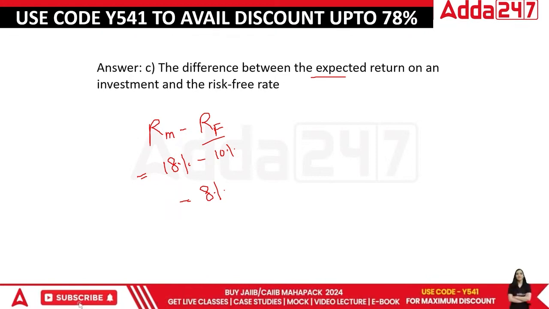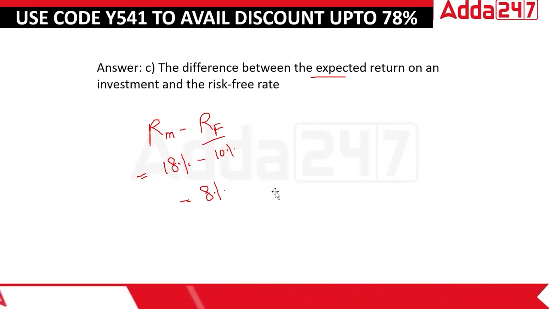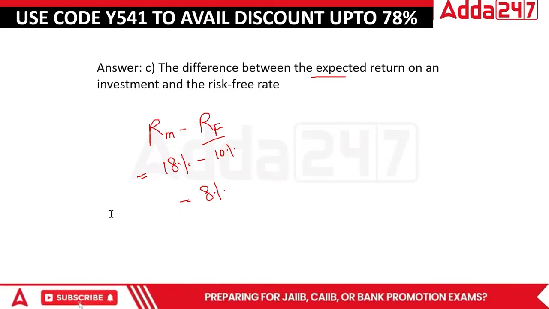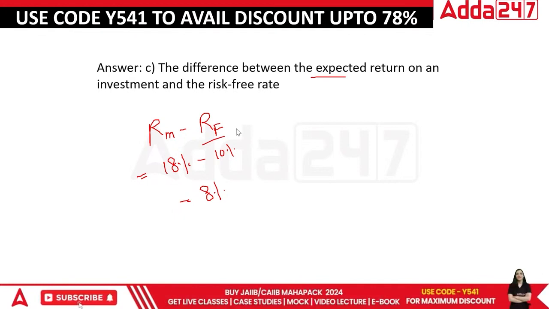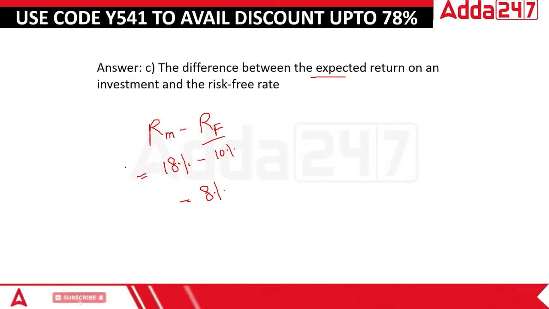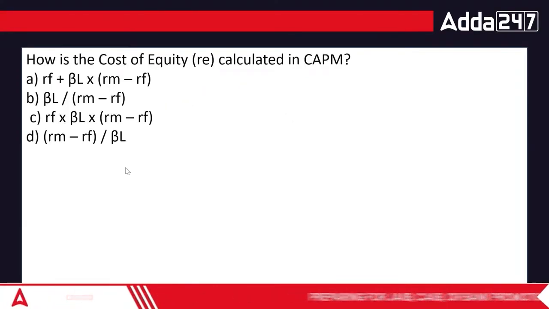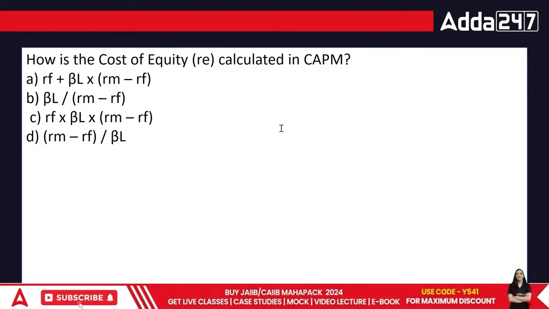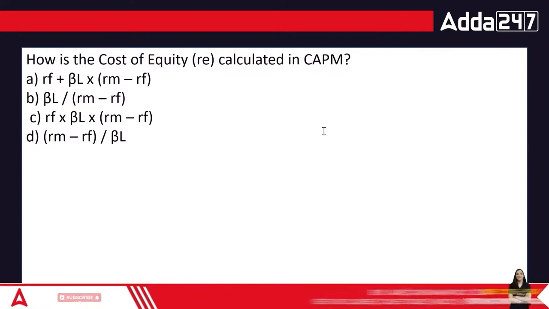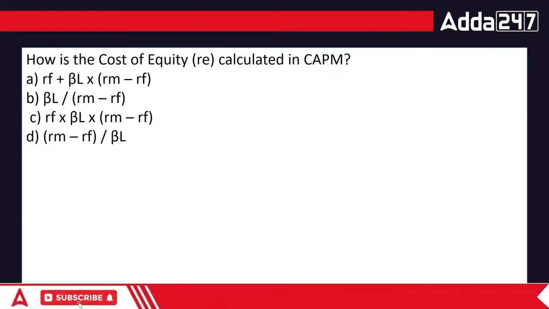Let's see. Here comes the question, everyone. How is the cost of equity, RE, calculated in terms of the capital asset pricing model? How do we find it, everyone?